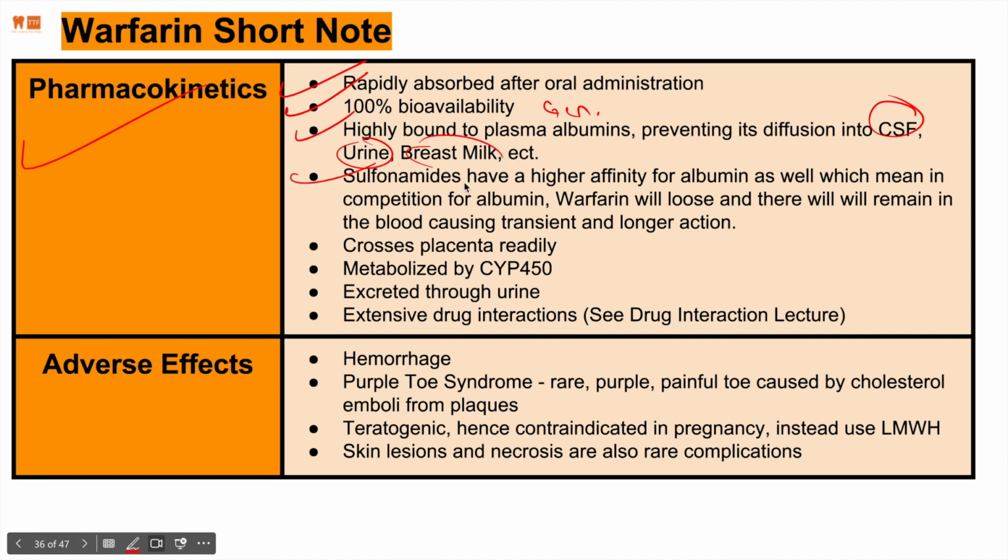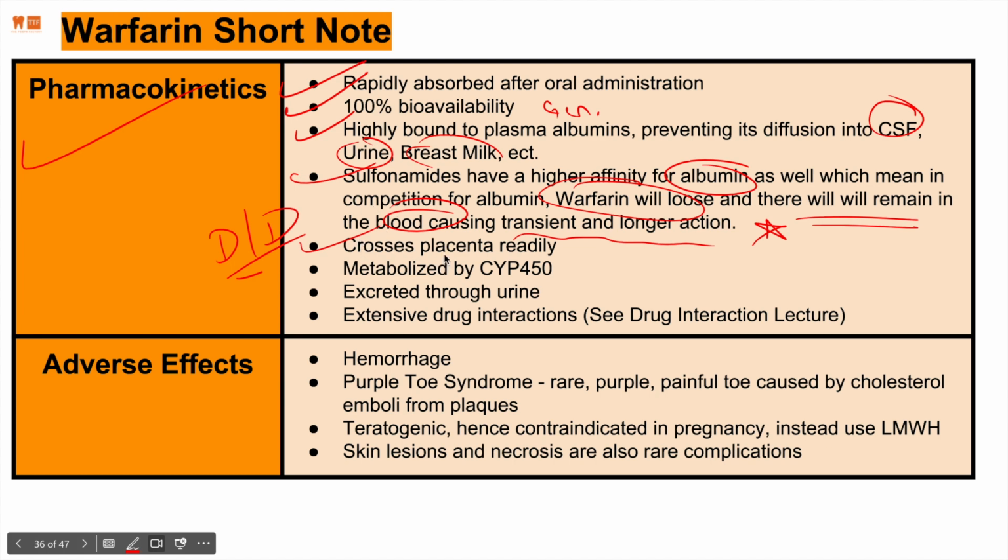Other drugs such as sulfonamides, sulfonylureas, and other NSAIDs have a higher affinity for albumin as well, which means that in competition for albumin, warfarin will lose. And there will be more free warfarin in the blood, causing transient and longer action, more than it needs to be. So, drug-drug interaction. This can be found in our lecture on drug-drug interactions as well.